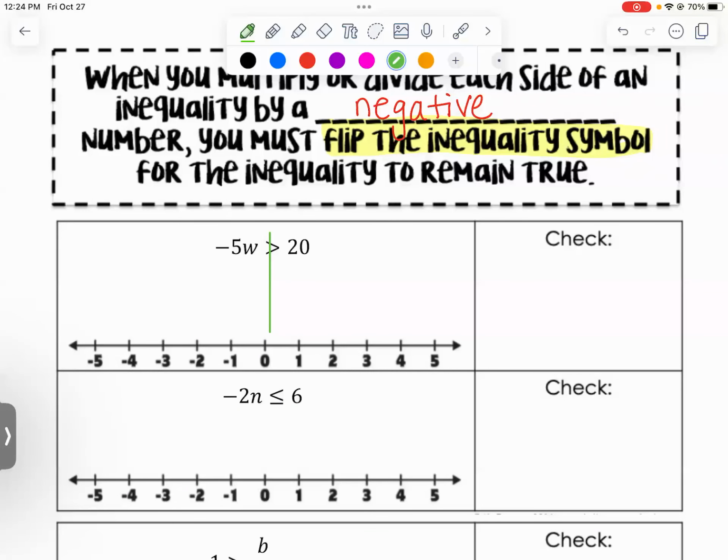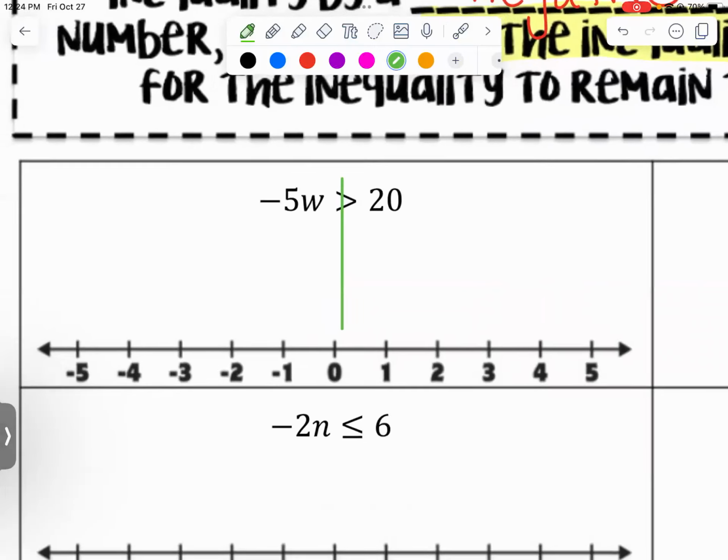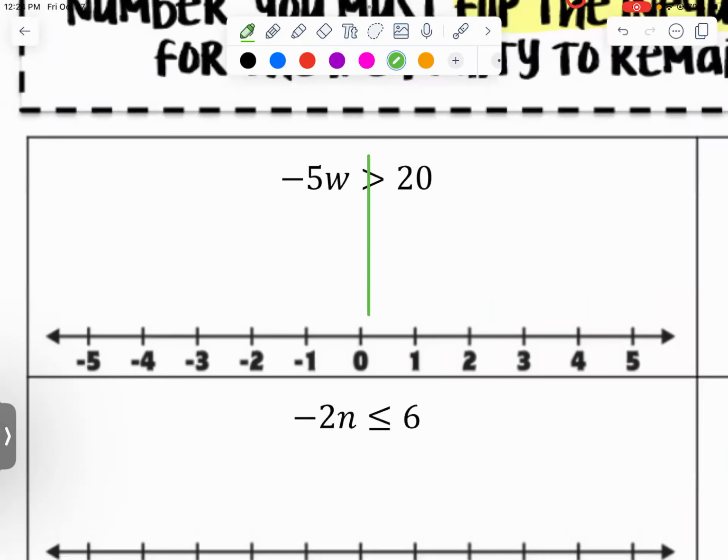Look at this first example. -5w is greater than 20. Go ahead and draw your fence. David, how is -5 tied to w? We need to undo our multiplication by dividing both sides by -5. So our -5s will cancel. We're going to get a w. What's 20 divided by -5? -4.